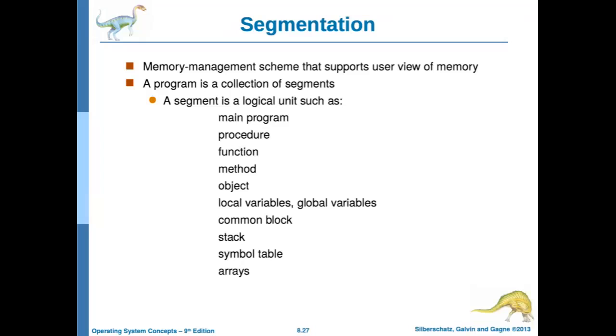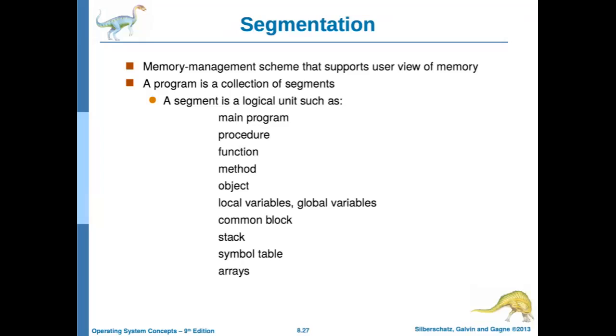So when we say just program, it is not just text. These are all logical units or components of the program, components of the executable file. For example, if I think of C++, then we have functions and methods. You may wonder what the difference between a function and a method is.